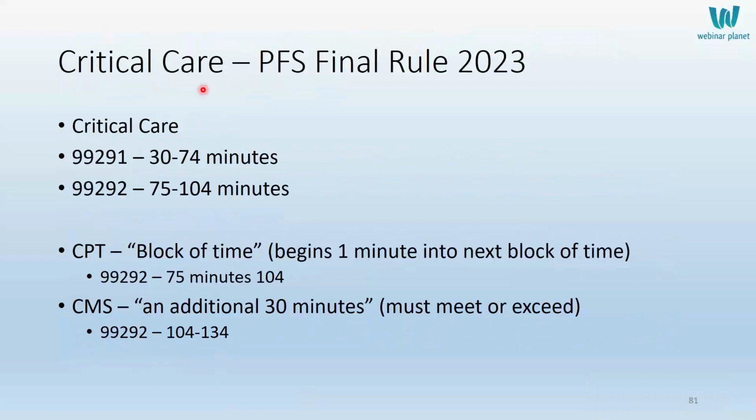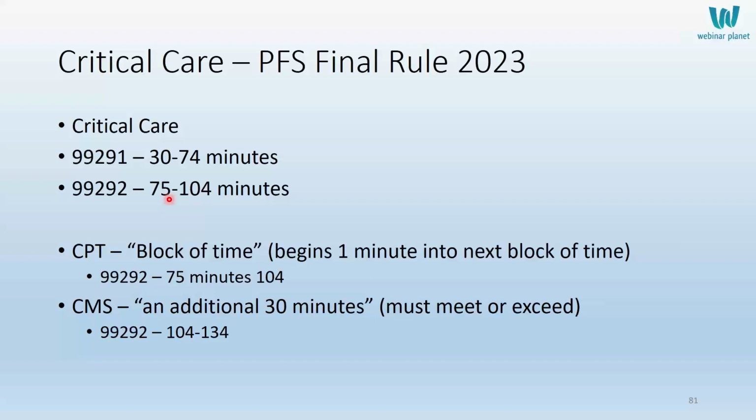So what we're talking about is this. The first critical care code starts at 30 minutes and goes to 74. The next code reads 75 to 104. The question is, if you get into the 75th minute, is that good enough to bill that add-on code?